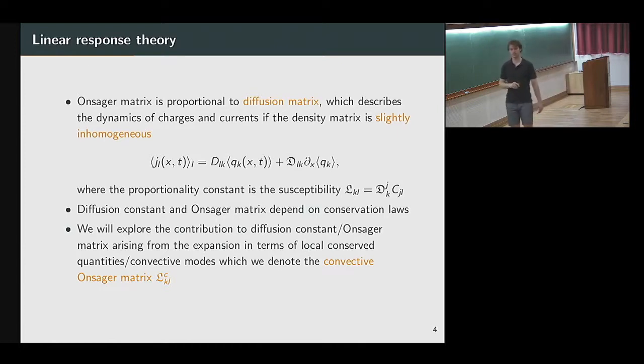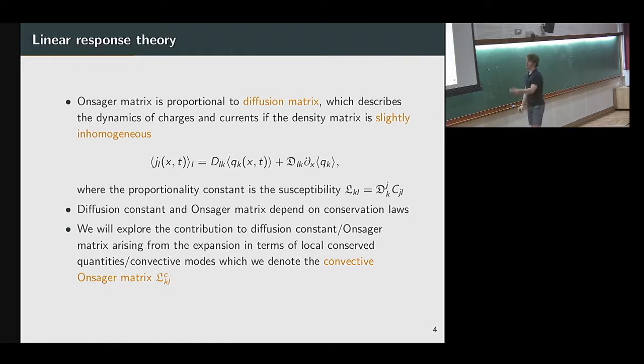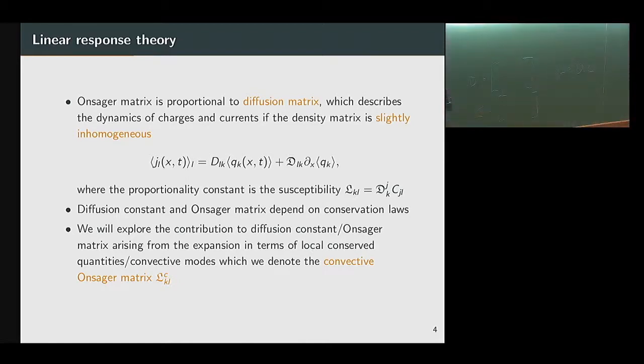And it's a matrix. So if we have n conservation laws, it's an n times n matrix. And we sum over the repeated indices. So we can calculate the diffusion matrix. The elements are D_jk, and we have C, which is again a matrix. Then what this equation tells you is that L is just D times C, with the Einstein summation convention.